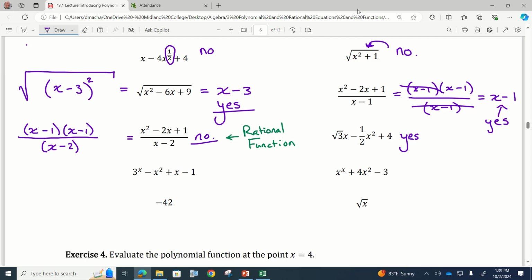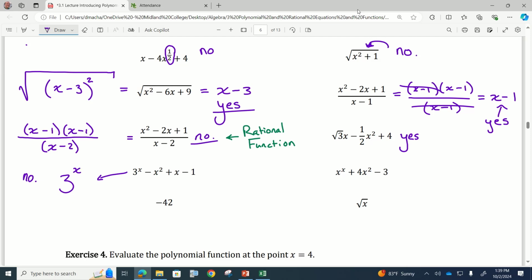What about this one over here on the left side? This one is not a polynomial.